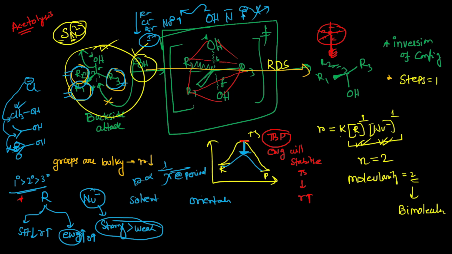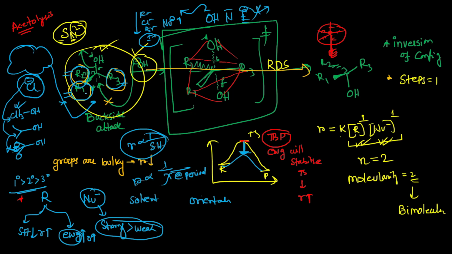Then chi of fluorine is higher, so the rate will be slower. Right? Also, the rate will be inversely proportional to steric hindrance for the nucleophile also. For example, I am taking a small nucleophile, and in contrast a very big nucleophile, so it will not be able to attack here easily. So a smaller nucleophile is preferred and a smaller steric hindrance is preferred.